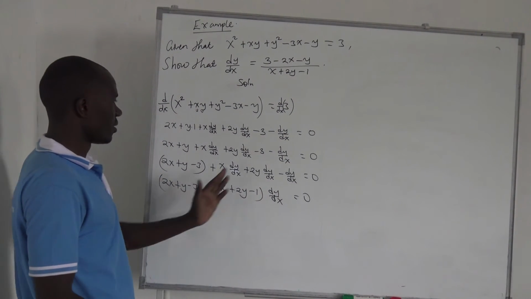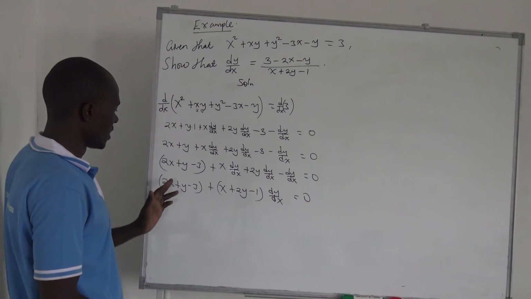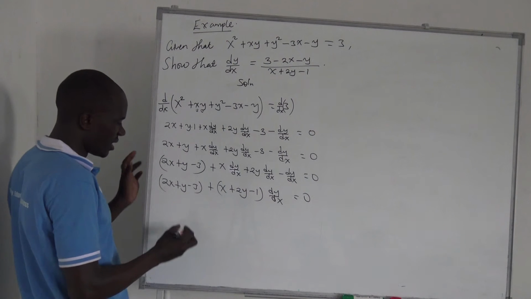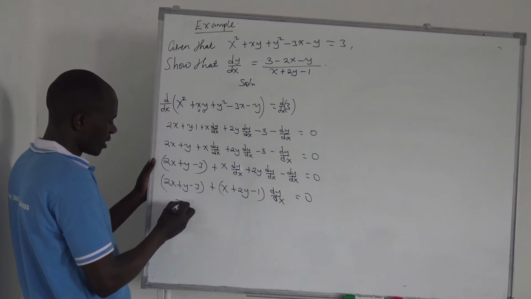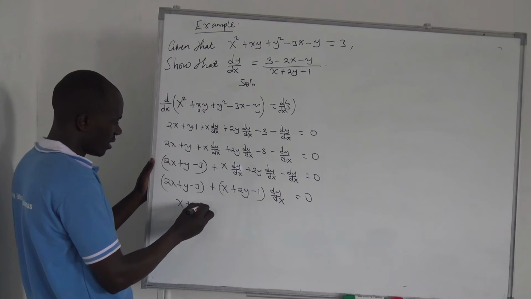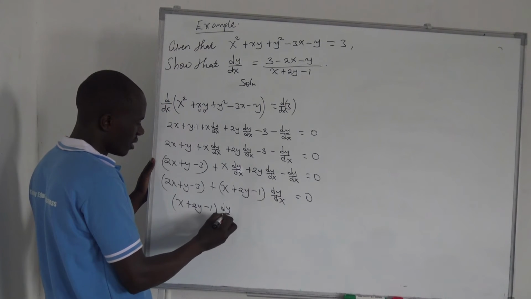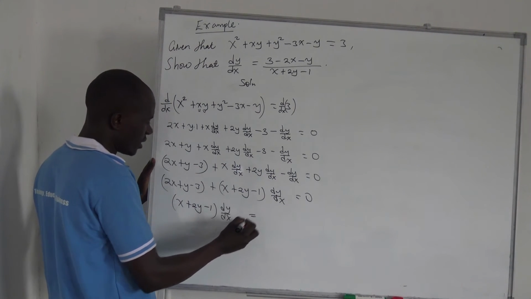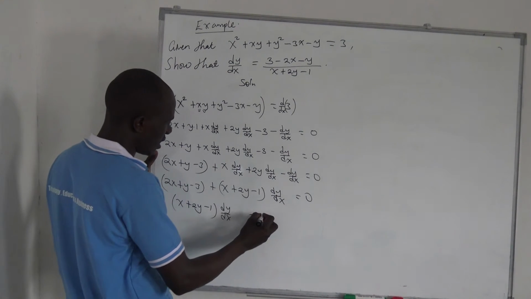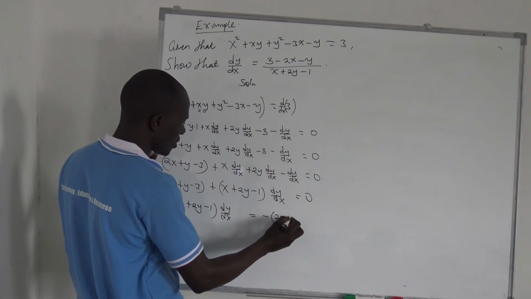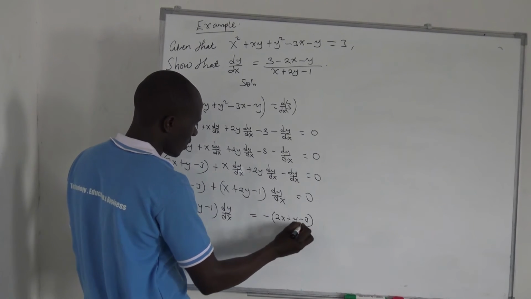Now take the other term to the other side. When it crosses the equation it becomes a negative. We remain with (x plus 2y minus 1) dy/dx equals negative times (2x plus y minus 3).